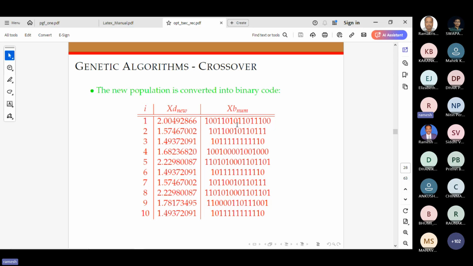Of course, the initial span of the decision variable, from 1.4 to 2.4 that we selected, is a distance of 1 actually. On a real number axis, this 1 can be divided into any number of segments. It depends on how many bits of the binary number you are selecting.